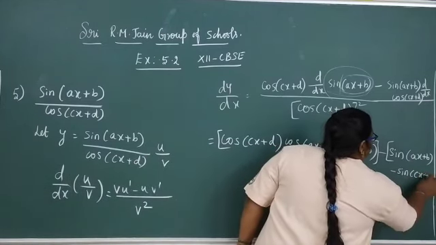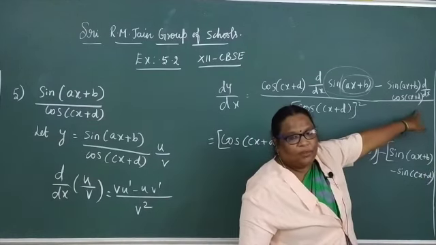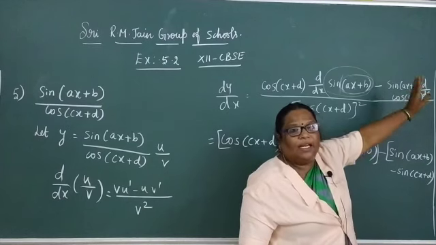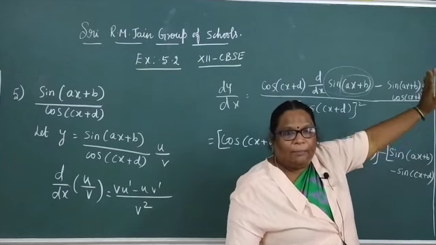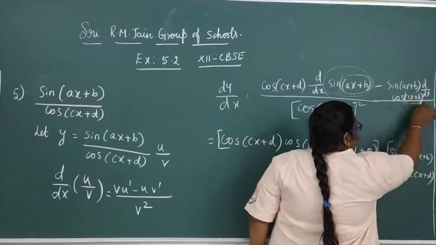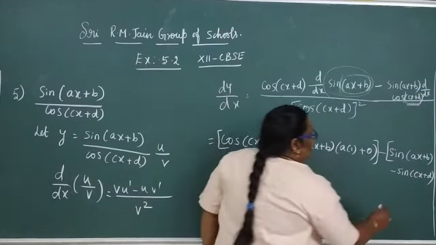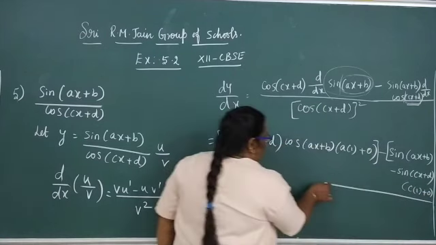Minus sin of cx plus d. First you will differentiate cos of cx plus d. What is the differentiation of cos x? Minus sin x, into you have to differentiate this term alone, cx plus d: c into 1 plus 0.